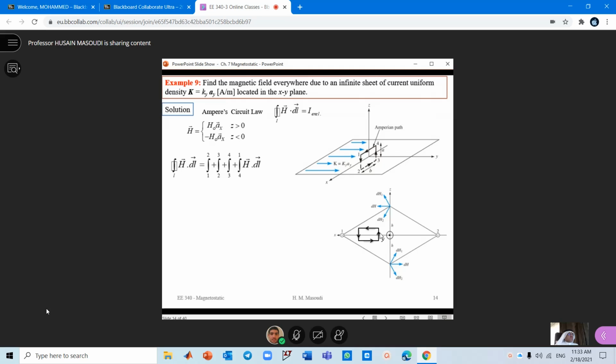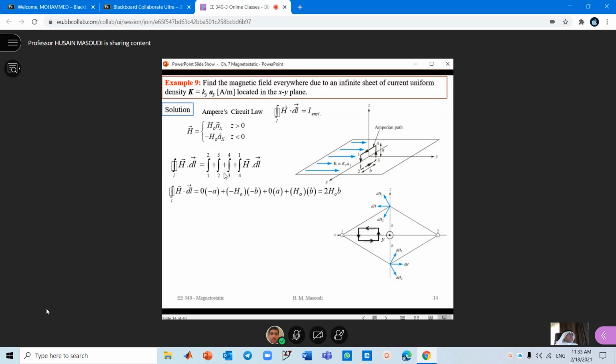This is 0 and this is 0, from the physics, because we said that the magnetic field is going to be along the X direction. Then the 2 integrals that will survive are this integral with a plus b and this integral with a plus b. And hence, if you add them all, you'll find that it's equal to 2 H0 times b.